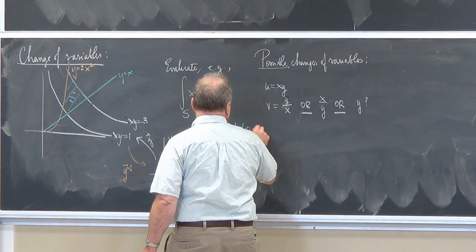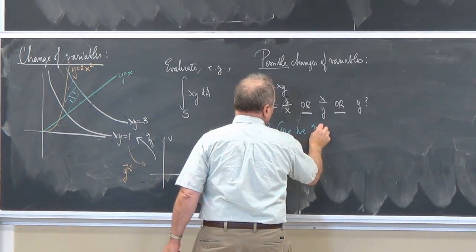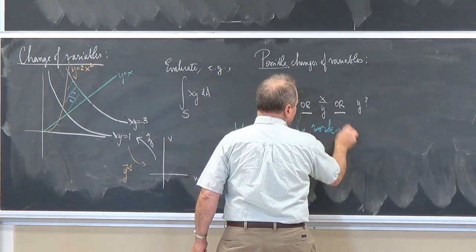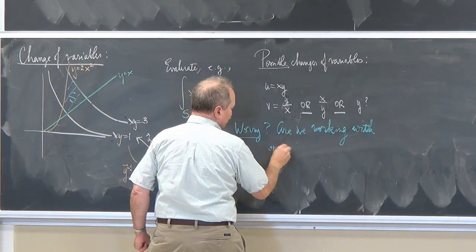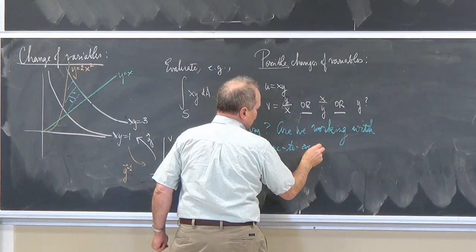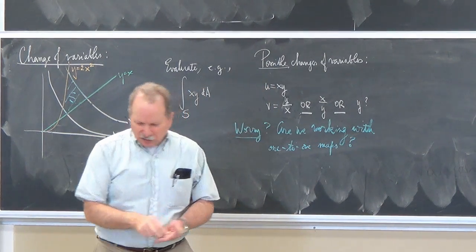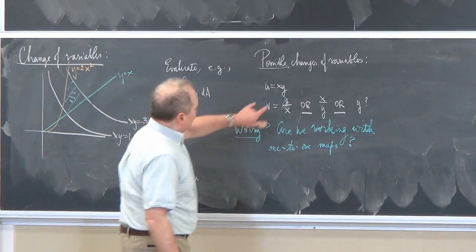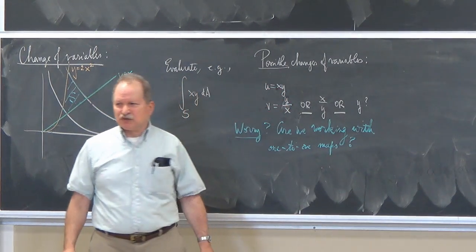Worry, question mark. Are we working with one-to-one maps here? So for example, if I tell you the product of two numbers and I tell you the quotient, do you know the two numbers?